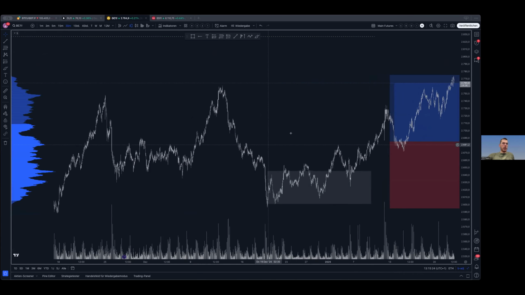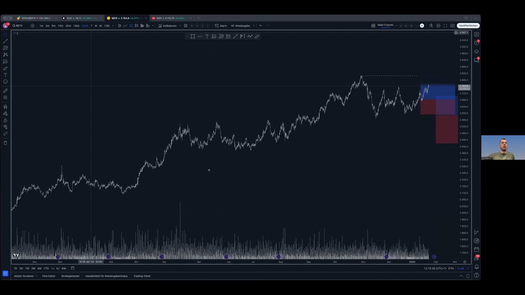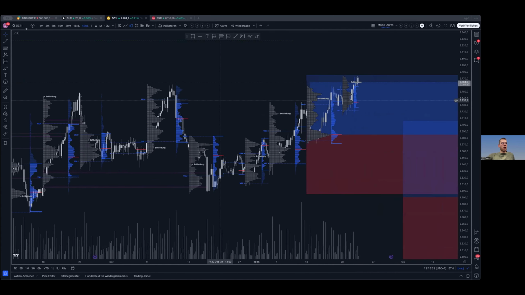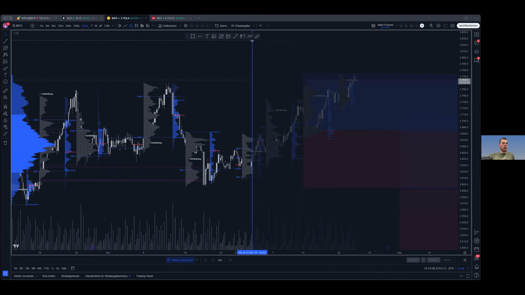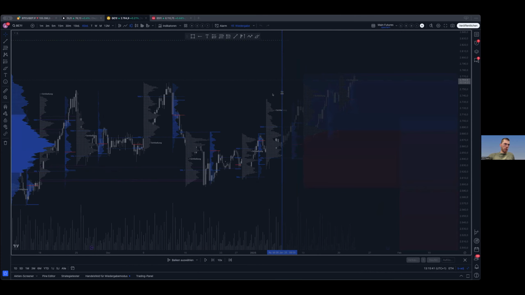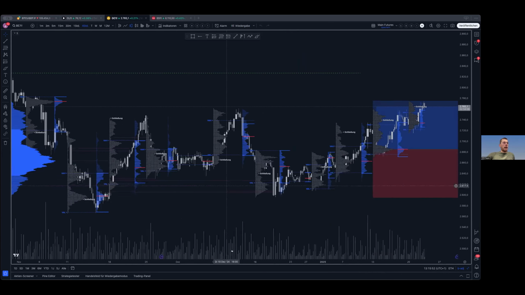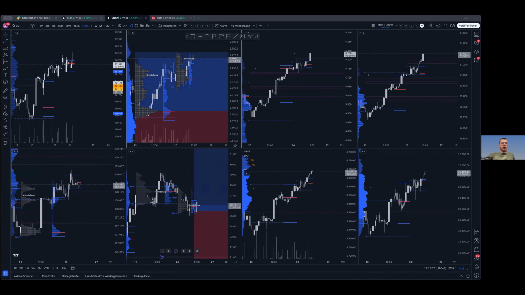And when we then, for example, go on gold and say, okay, we want to establish a long position on gold, we go on the composite, and we check for low volume areas where we have areas of interest to buy.